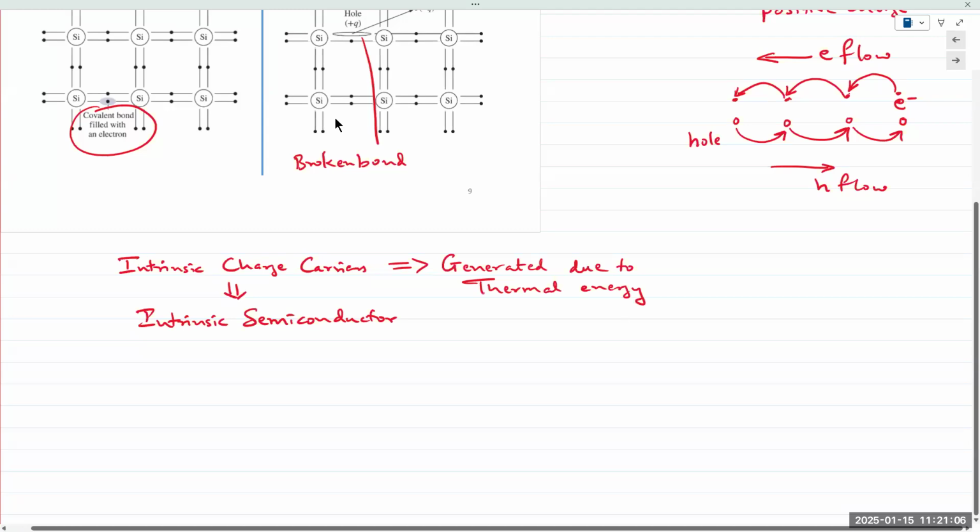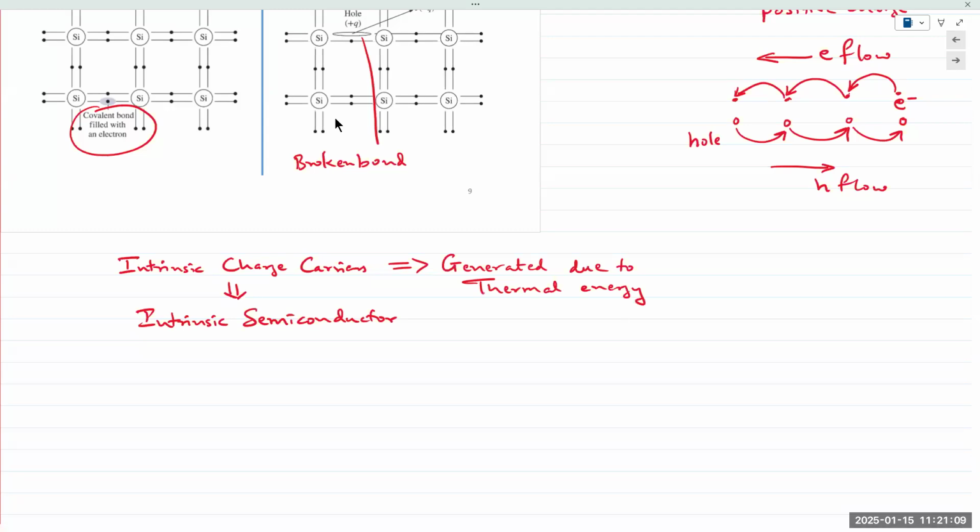There are no other external energy sources. We are not talking about shining light on it. We are not providing any external voltage, external current, or external electric fields. It's the material sitting at room temperature by itself.